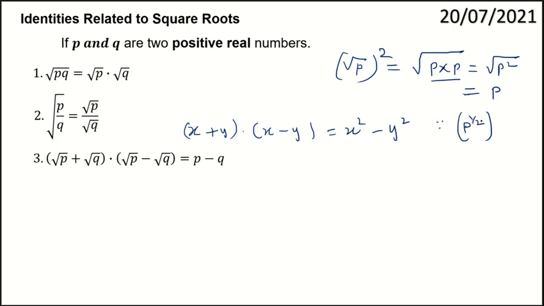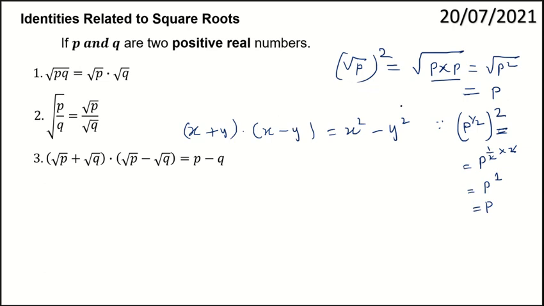Now whole power 2, where p power 1 by 2 into 2, where 1 by 2 and 2 when they are multiplied give you 1. So, p power 1 is p. This way also you can understand.